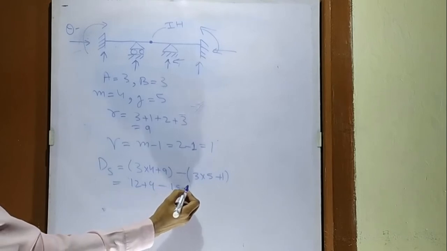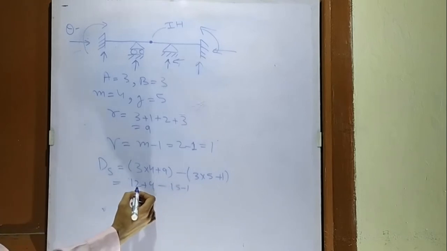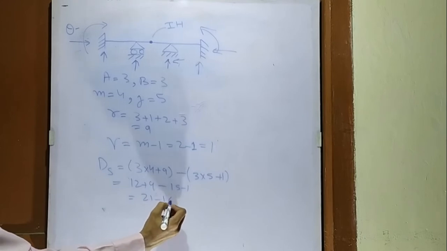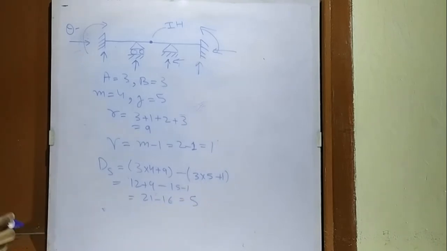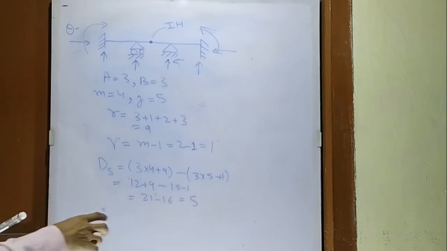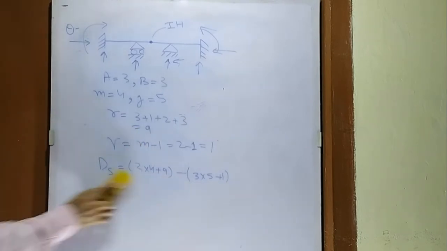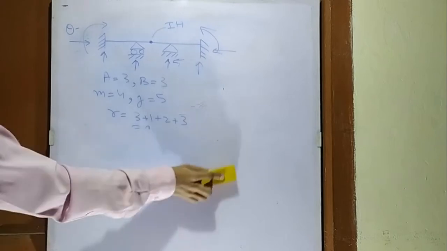So this comes out to be 21 minus 16, which is equal to 5. So the degree of total static indeterminacy is coming out to be 5. Now we will solve this example by assuming it as a 3D case.